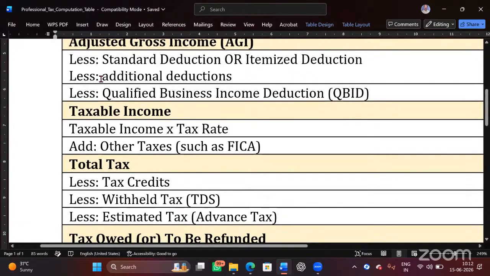From the taxable income, we need to calculate tax using the tax rates. The rates are given in a separate part. These rates are changed every year.